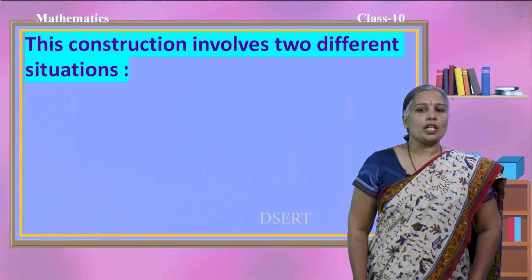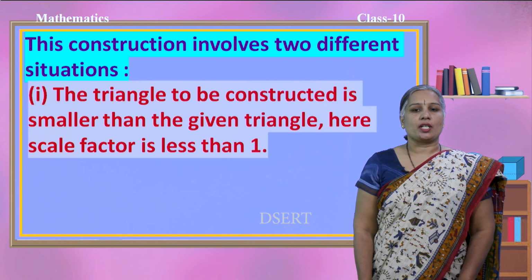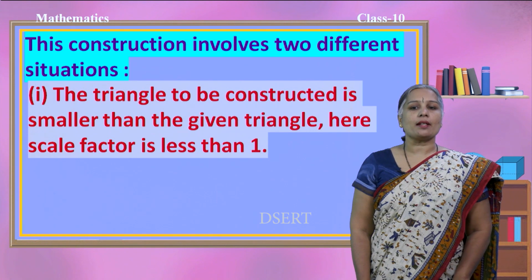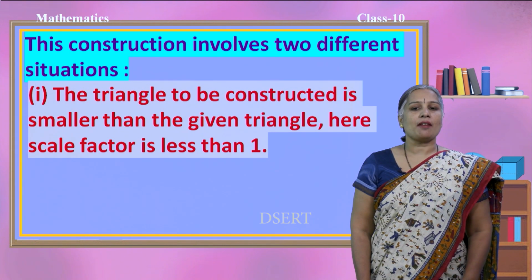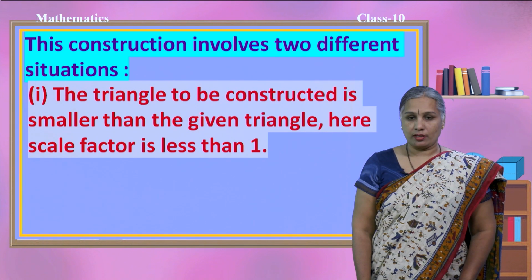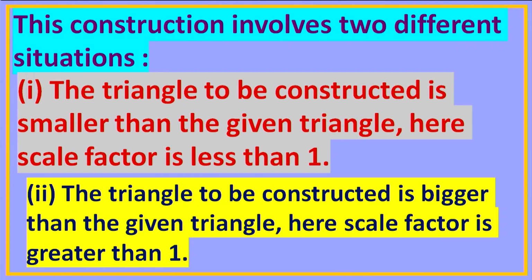Construction involves two situations. First situation is the triangle to be constructed is smaller than the given triangle. Here scale factor is less than 1. In other words, if the triangle to be constructed is bigger than the given triangle, the original triangle, scale factor should be greater than 1.